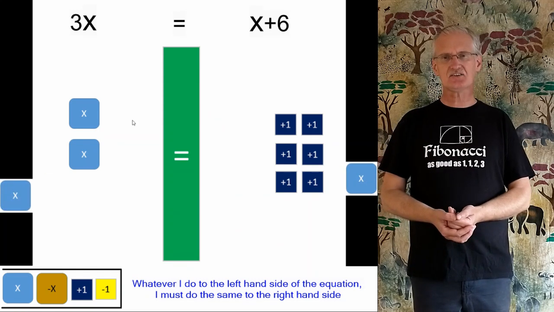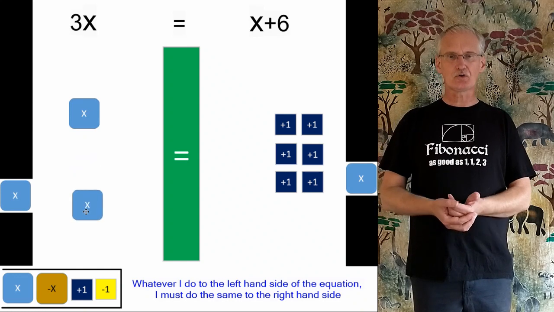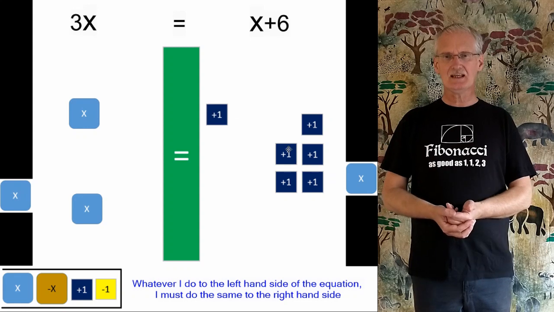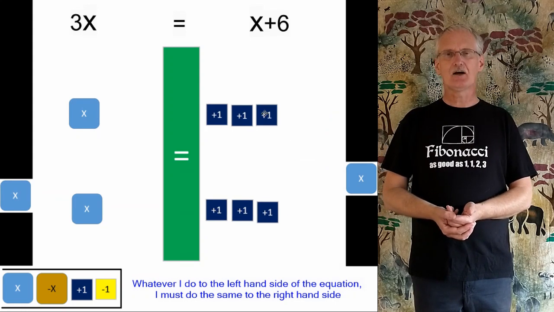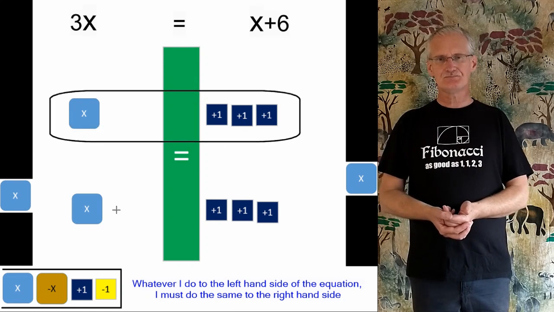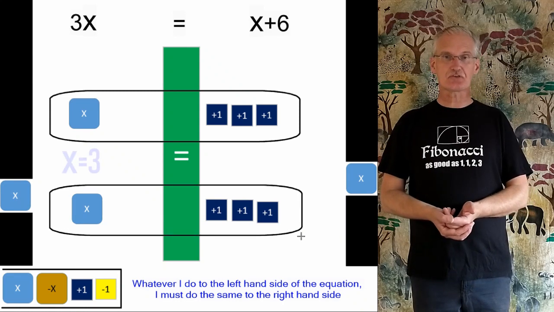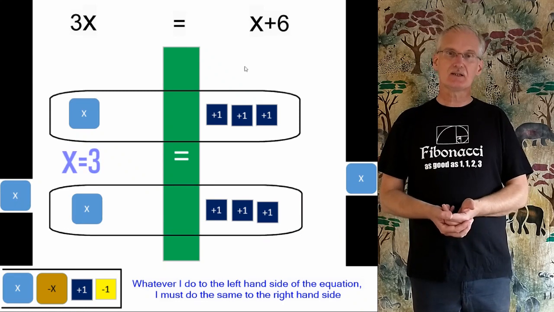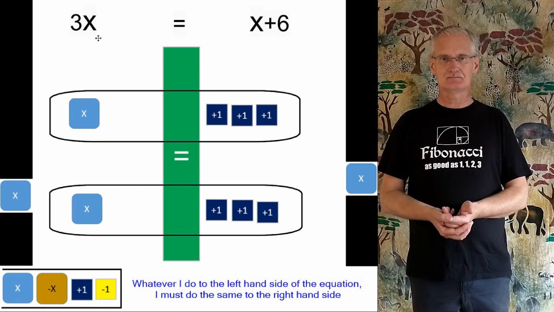So I have 2x equals 6, and again, just as before, we're going to group it into 2 equal groups. And now I'm going to draw my ovals, so you can see that x equals 3. And again, we can check that. 3 times 3 is 9. 3 plus 6 is 9.